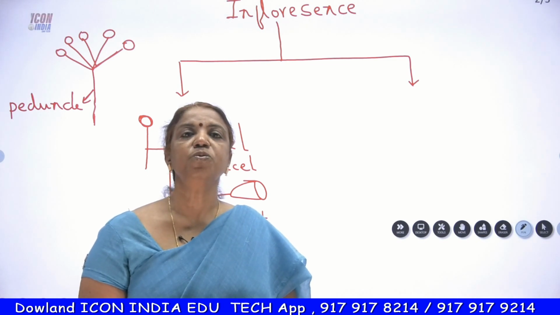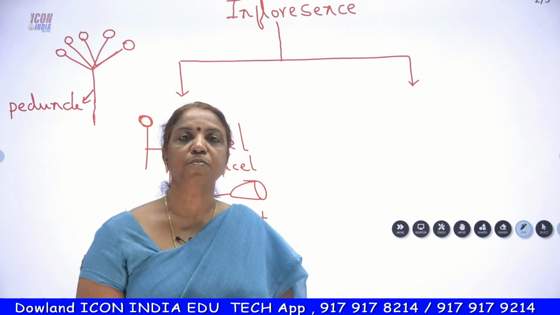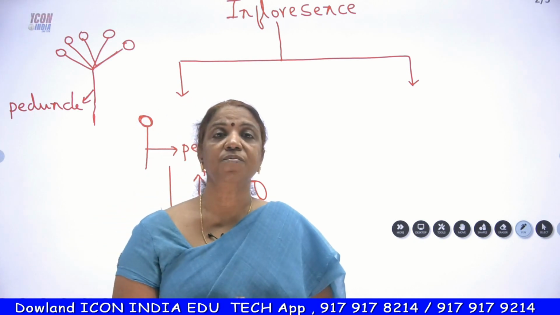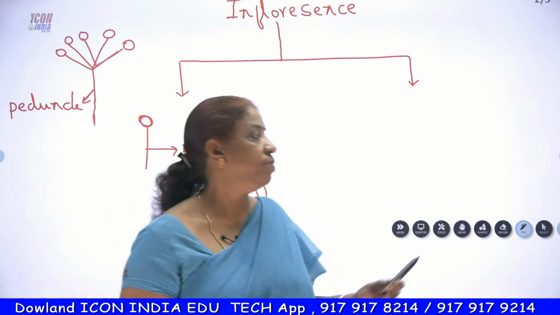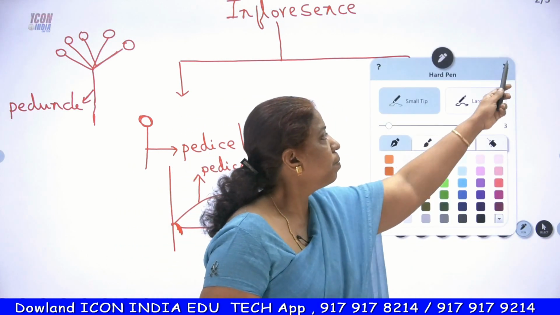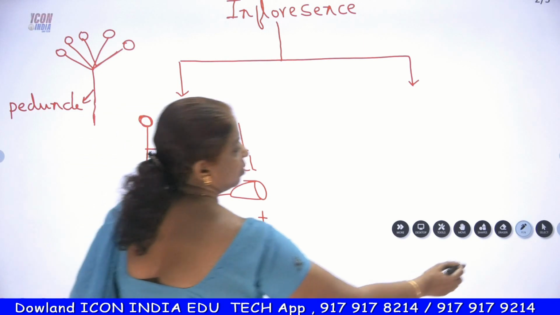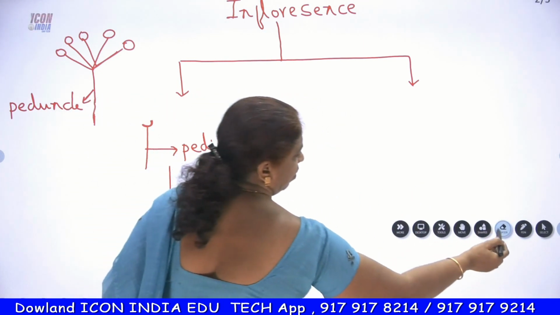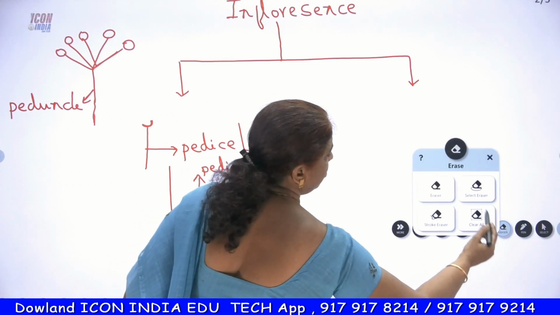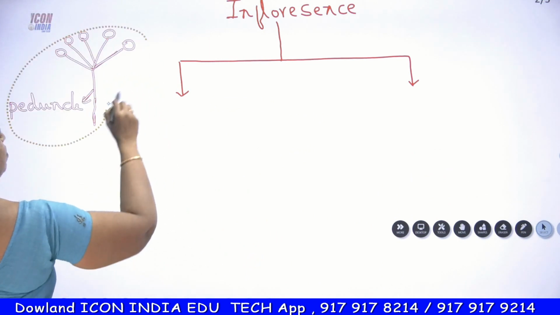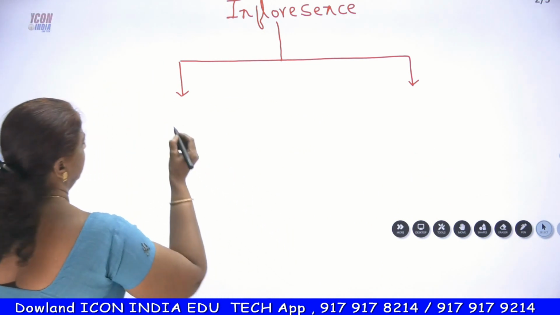The inflorescences are of 2 types. One is called racemose inflorescence, another one is called cymose inflorescence. What are the differences between racemose and cymose inflorescence? Look here, there are 2 types of inflorescence. One is called racemose, another one is called cymose.